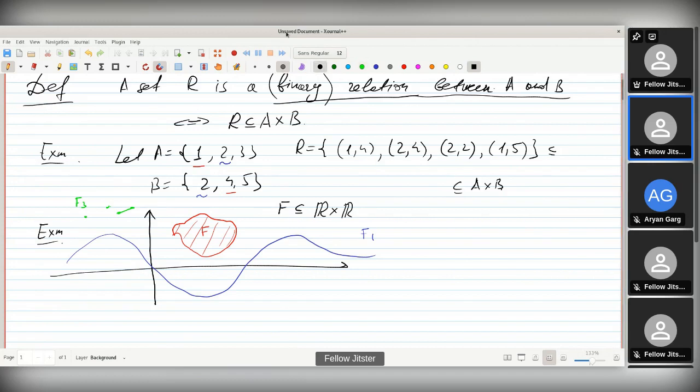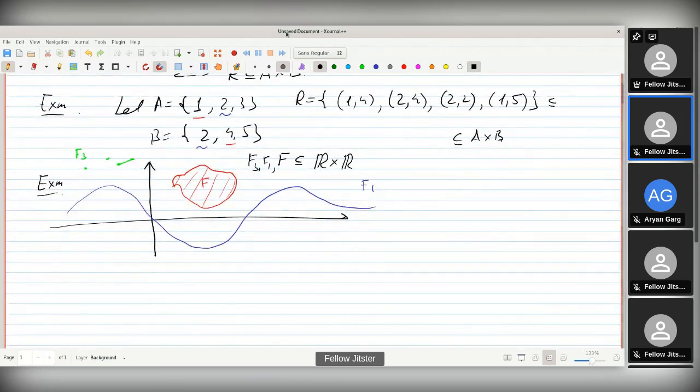All these things are just binary relations between R and R. So every figure may be considered as a binary relation.